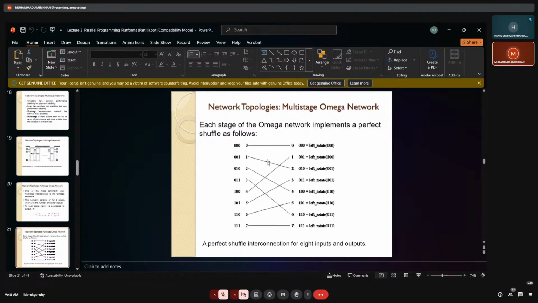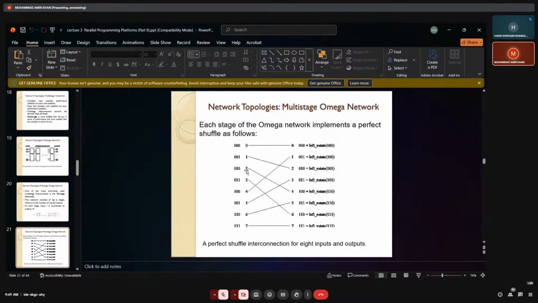For example, if we see 000, the first one, if we left rotate 000, there will be no effect, so left rotate is the same. If we see the last one, 7, 111, left rotating the bits will be the same. If we see 1, 001, left rotate will be 2, because this bit goes to the left side.